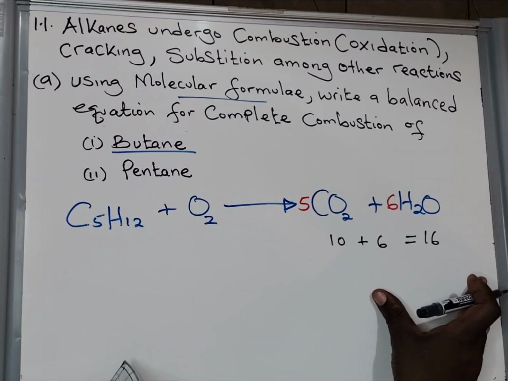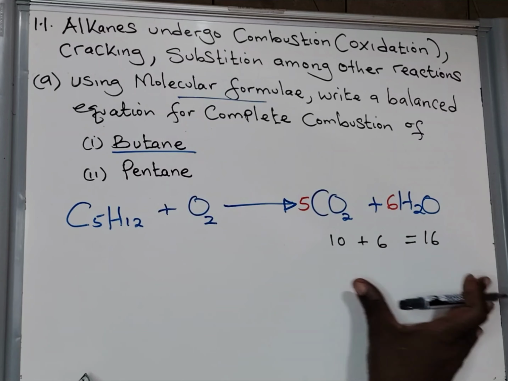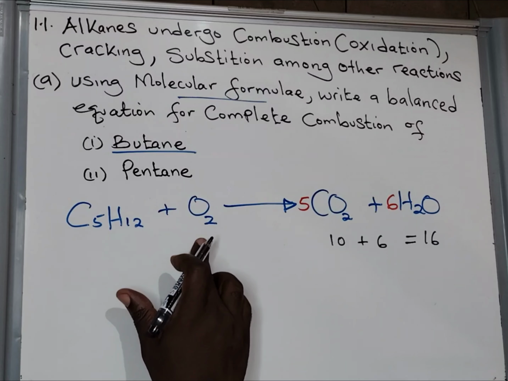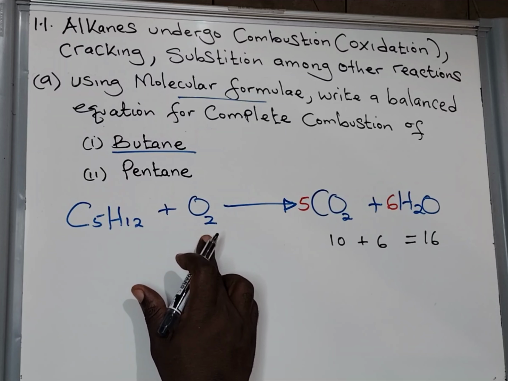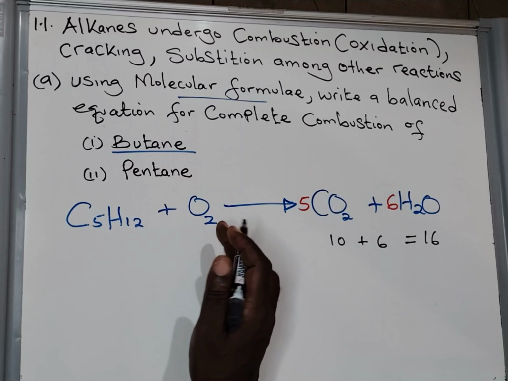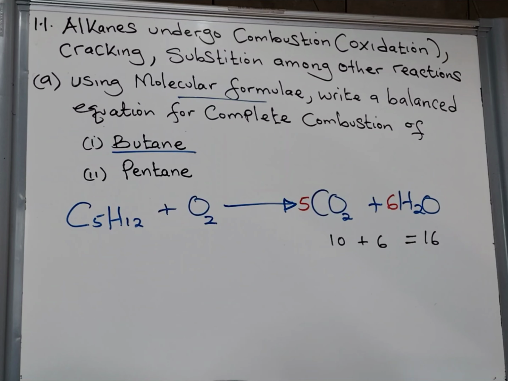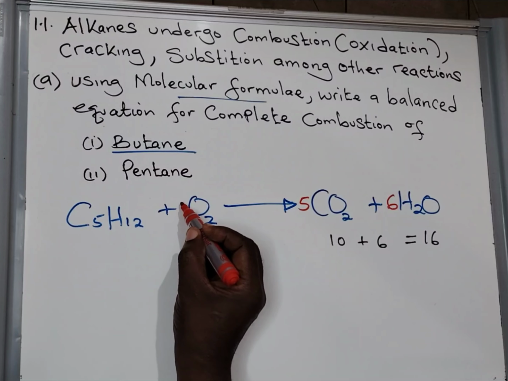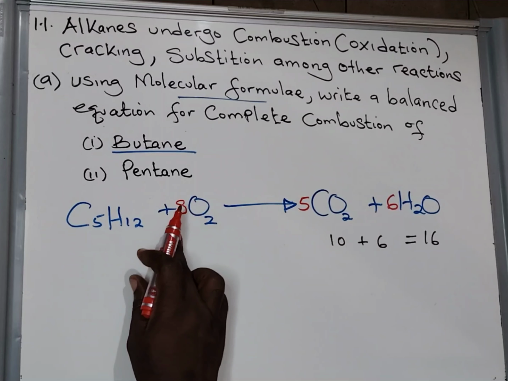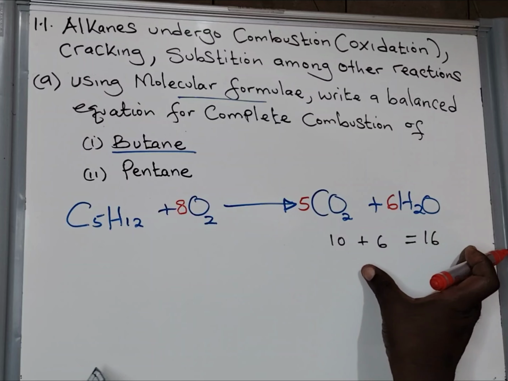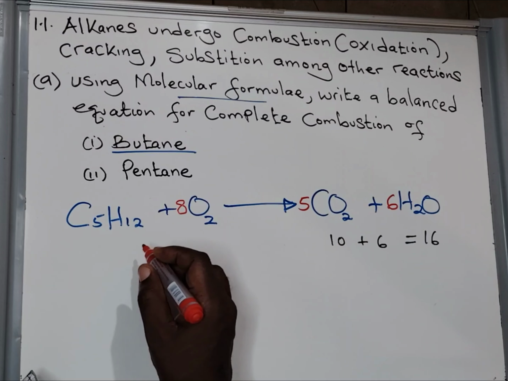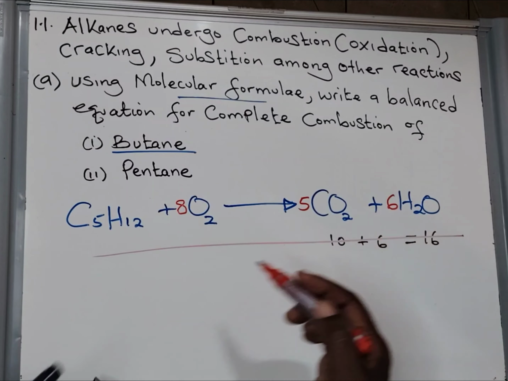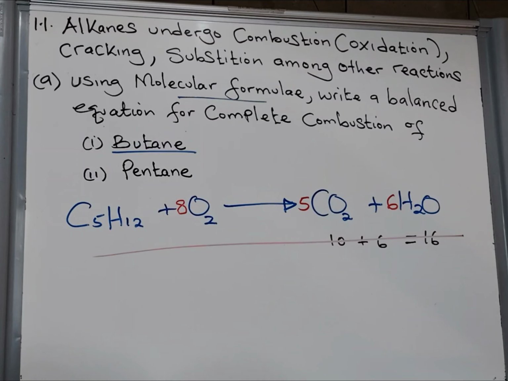Then the product side will have 16 oxygen. How do you make this oxygen 16? It's going to be 16 divided by these 2. And what do you get? You get 8. So when you insert 8 here, it's going to be 8 times 2, which is 16, which will be equal to the other side. So our equation is balanced.